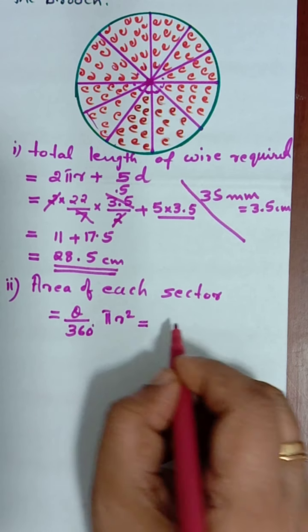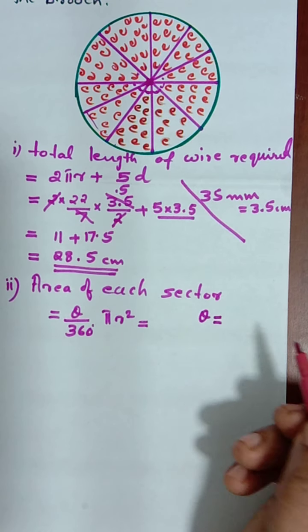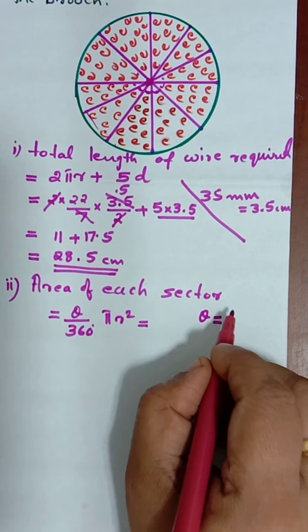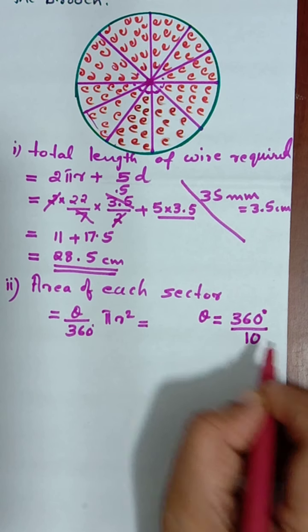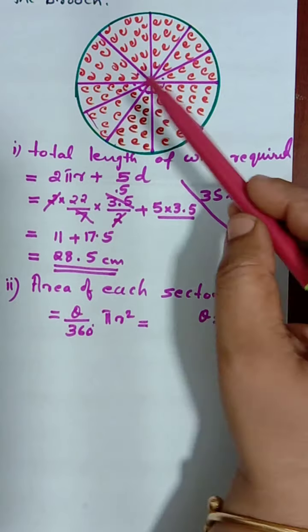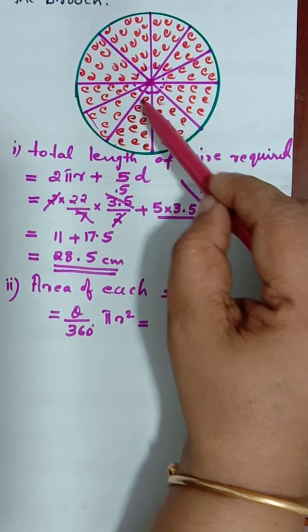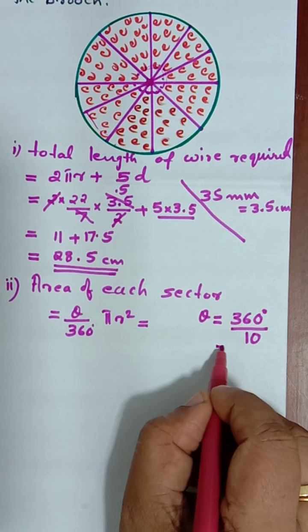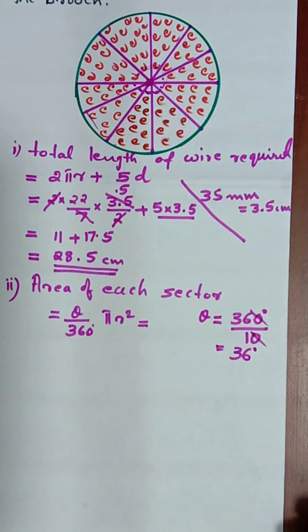So how do we get our theta? Isn't it theta a part of 10 portions? So total 360 degree should be divided by 10. In the figure you will understand the total central angle is 360, divided into 10 portions. So here it will become 36 degree. You can cancel 10.